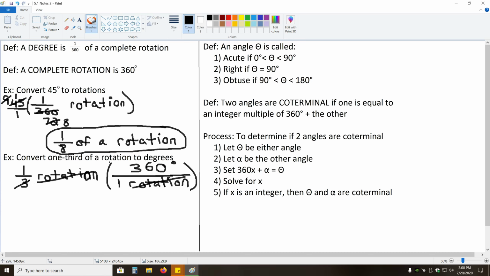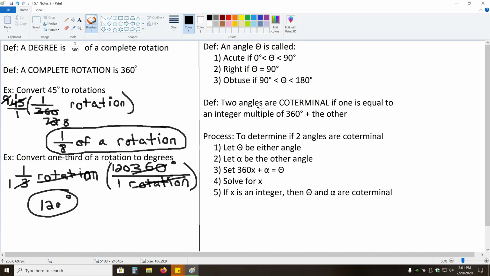We can cancel a factor of 3 from the numerator and denominator, leaving us with 1 in the denominator and 120 in the numerator. So we are left with 120 degrees. So 1/3 of a rotation is the same thing as 120 degrees.